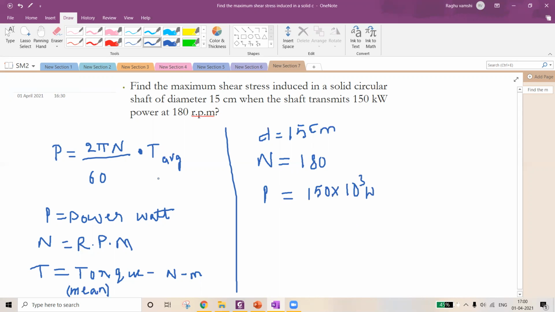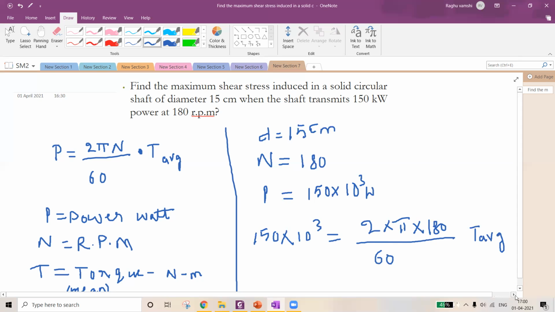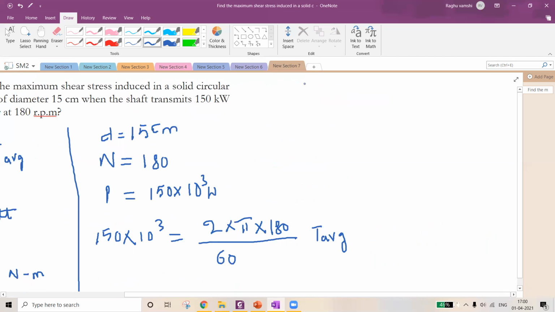Now by using this equation, we substitute whatever we have and we will find T average. So 150 into 10 to the power of 3 equals 2 pi N, which is 180, by 60, this will be T average.